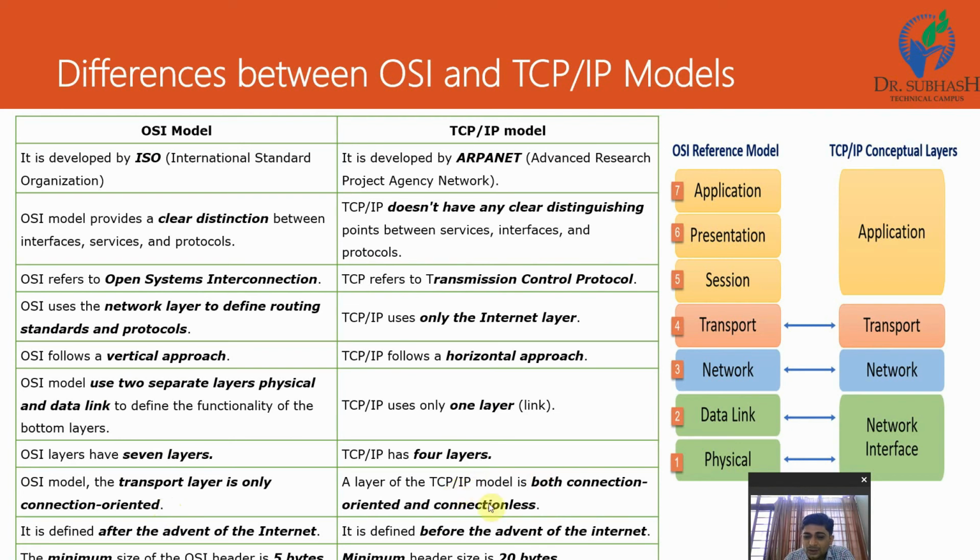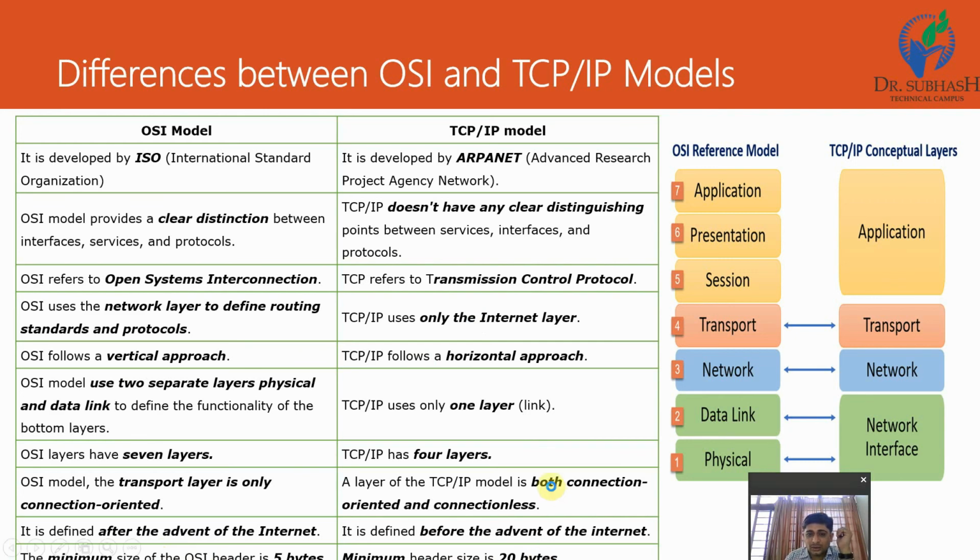In TCP/IP, we can make both connection oriented as well as connectionless transmission. The OSI model was developed after the advent of the internet; before the existence of the internet, the OSI model did not exist, and the TCP model is older than the internet establishment. So we can say that the TCP/IP model is an older one. Minimum size of OSI header is 5 bytes, and in the TCP/IP model, minimum header size is 20 bytes.